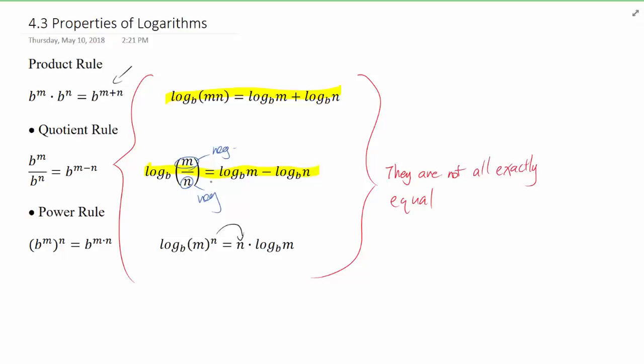But if we have this as a negative and this as a negative, that will not work because you cannot produce that operation. It is impossible to produce that. So there are going to be domain restrictions. So they're not entirely equal.